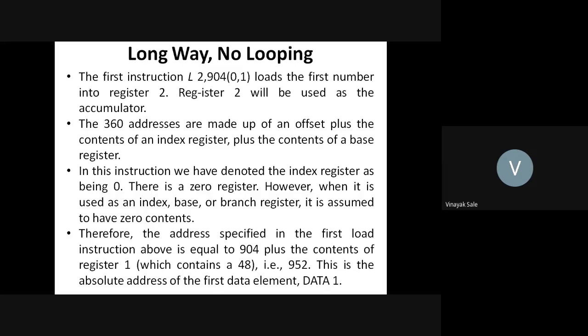Therefore, the address specified in the first load instruction above equals 904 plus the contents of register 1, which contains 48. So 48 plus 904 gives 952, and this is the absolute address of the first data element, that is data 1.